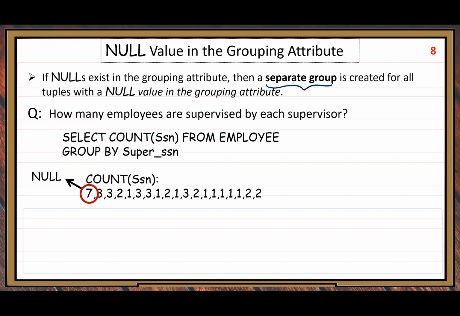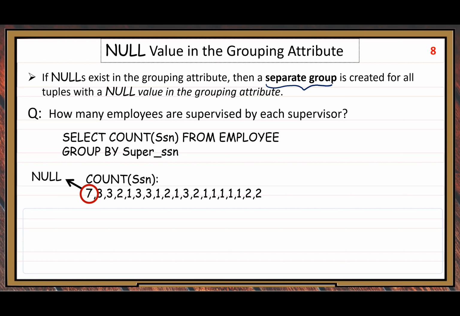Then we count the number of tuples in the individual subgroups. But this 7 is still listed there because this information is still useful. We want to see how many employees do not have a supervisor. That's based on the rule regarding the null value.